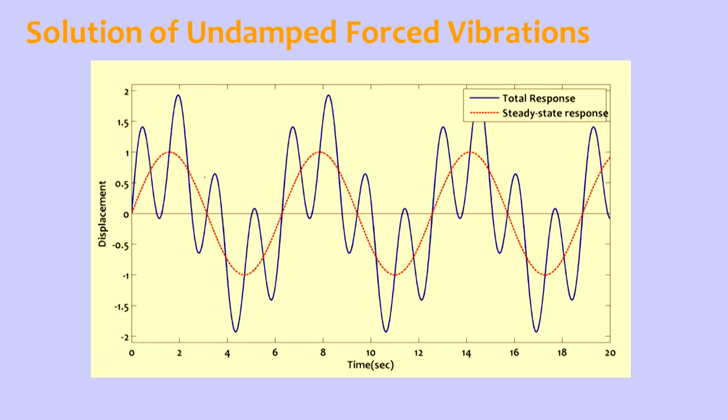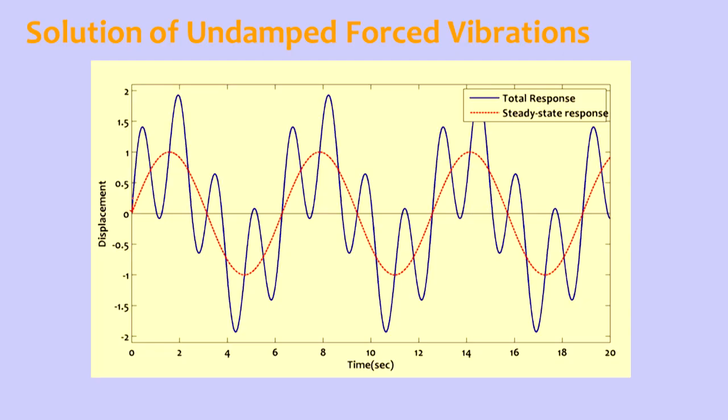The steady state response continues forever as long as the force is there, and the total response is the steady state response plus the transient response. Usually when damping is not present, this transient response will continue forever along with the steady state response, but in cases where damping is present, it usually dies out, something like this. It merges with the steady state response.